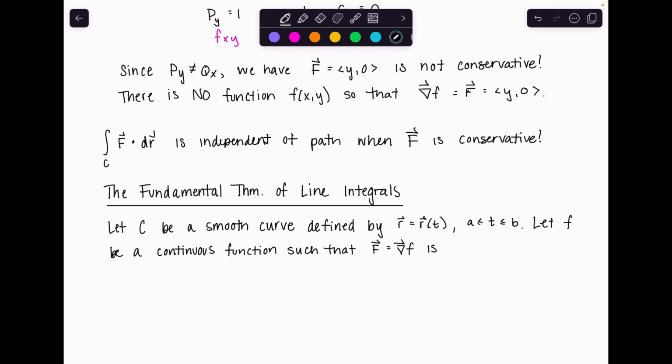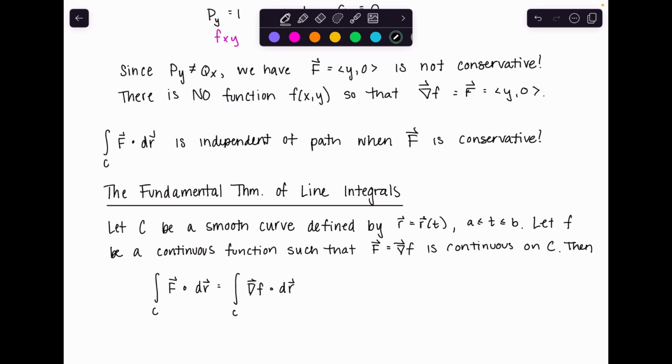And this is continuous on C. Then, if you want to find the line integral over this vector field, it is the same thing as finding the line integral over that gradient vector. Okay.